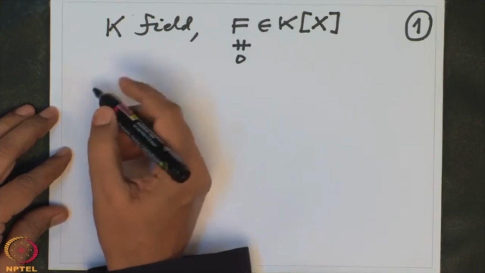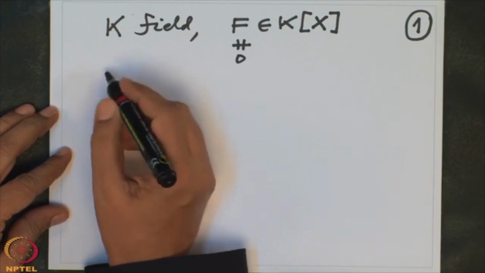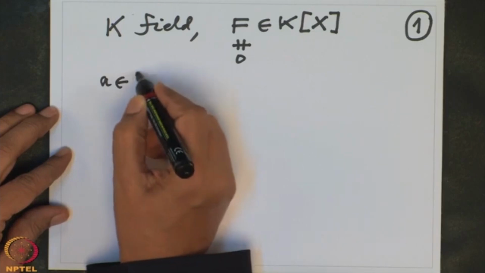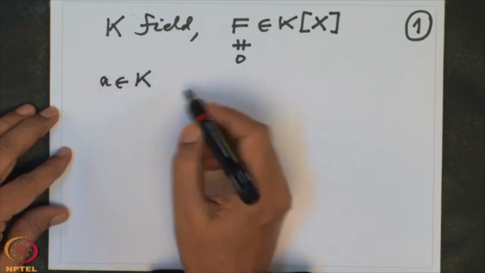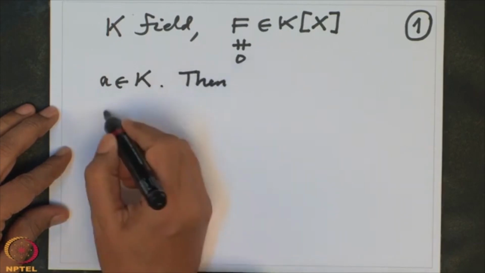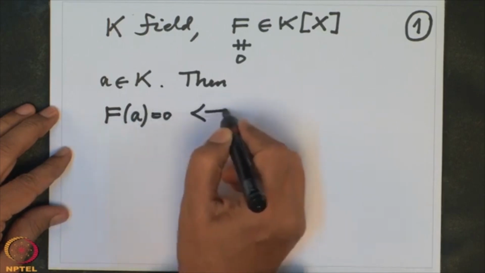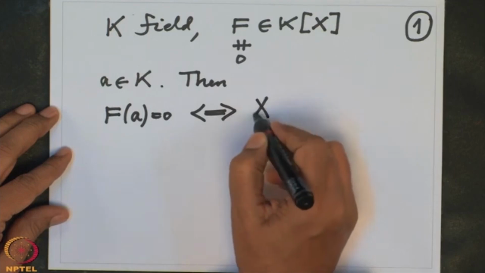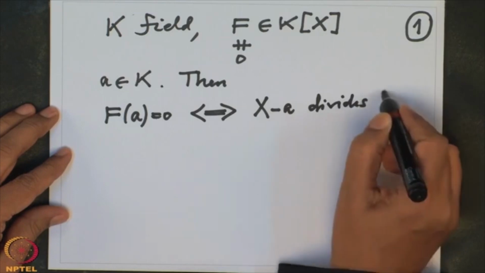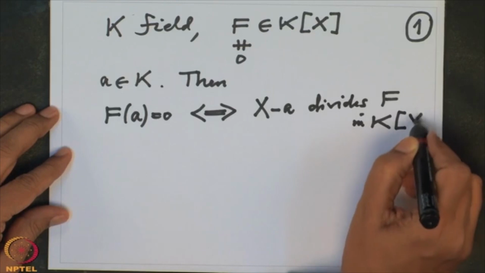Then we have noted as a consequence of division with remainder that if I have an element a in K, then f of a is 0 if and only if the linear polynomial x minus a divides f in the polynomial ring K[x].